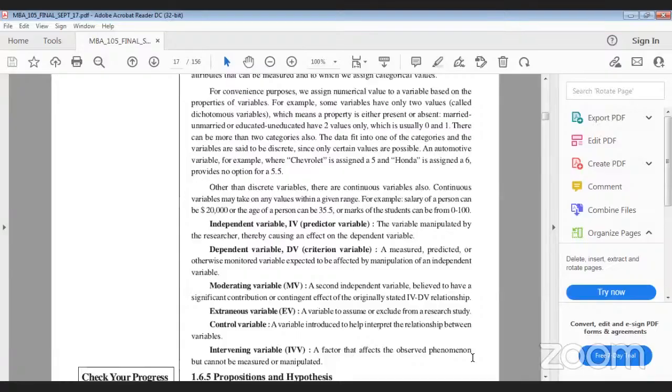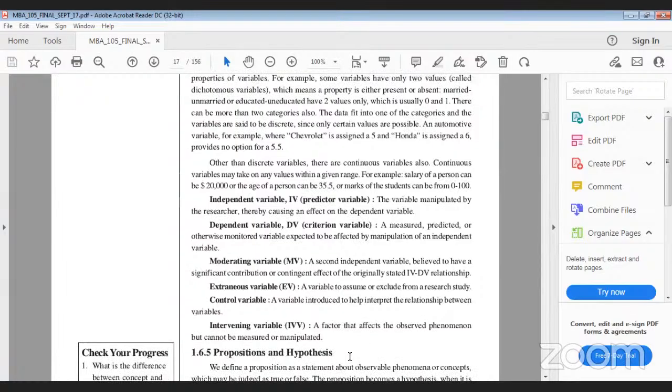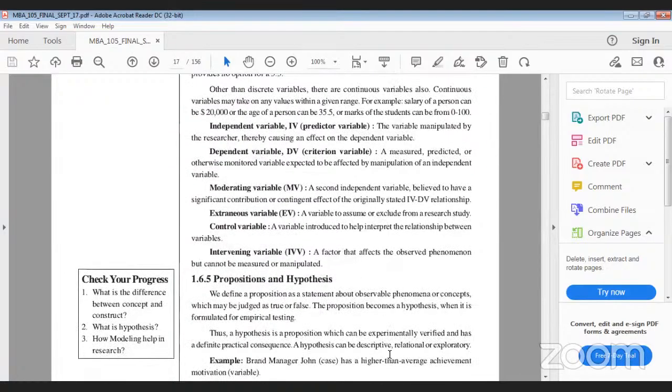Extraneous variables are variables assumed to be excluded from a research study. Control variables help interpret the relationship between variables. Intervening variables: a factor that affects the observed phenomena but cannot be measured or manipulated.